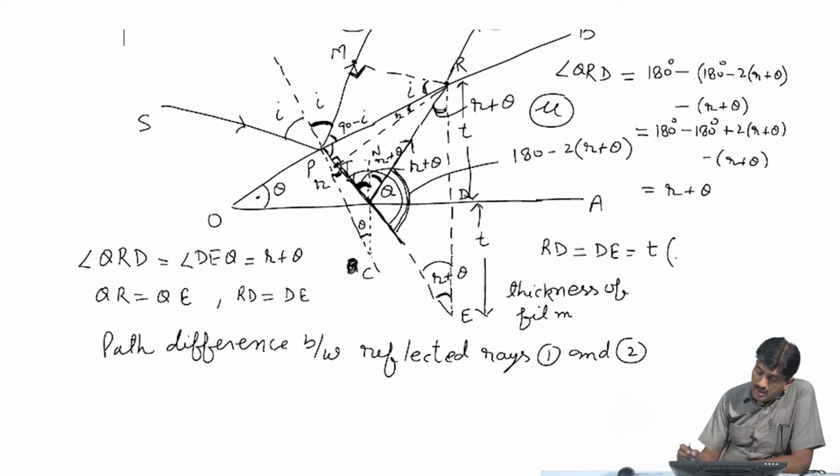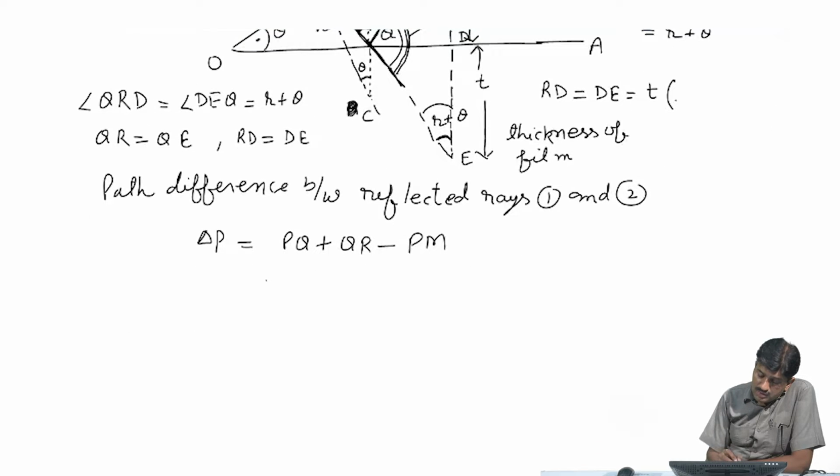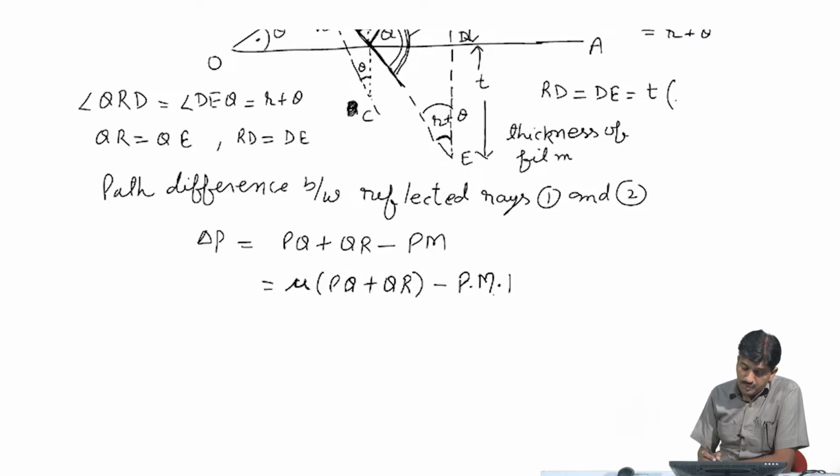But PQ and QR is traveled by ray 2 in medium mu, and PM is in air, and we know that the refractive index of air is 1. It means the effective path difference should be mu into PQ plus QR minus PM into 1.